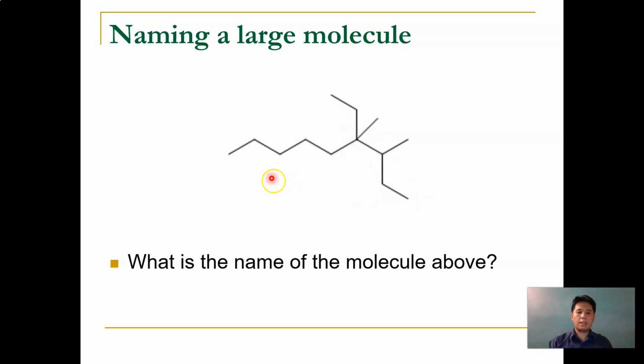So this is 9 carbons long, so this is a nonane. This is a methyl, this is a methyl, so it's a dimethyl, and this is an ethyl. So this is 3,4-dimethyl-4-ethylnonane.